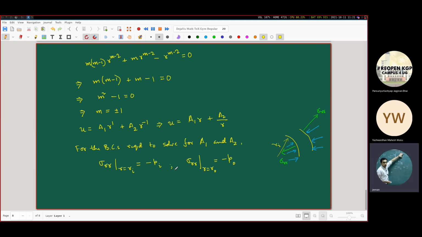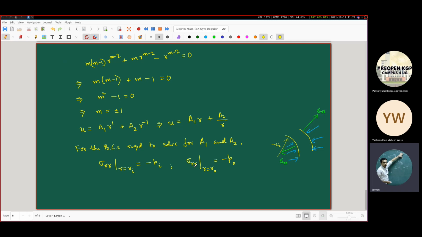Now these two conditions have been written in terms of sigma Rr, but we have the solution in terms of u. So what we have to do is to express the sigma Rr in terms of the u. And that can very easily be done. In fact, we have already done that.